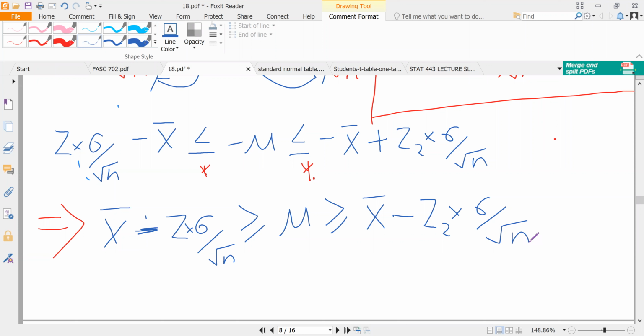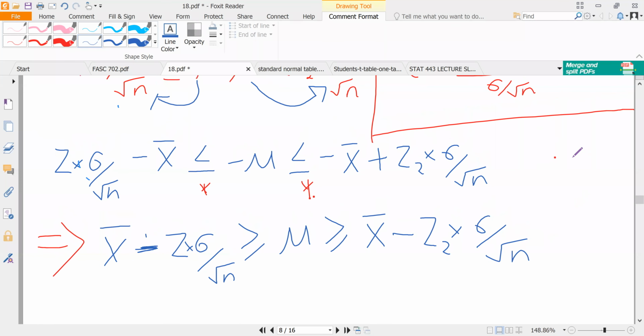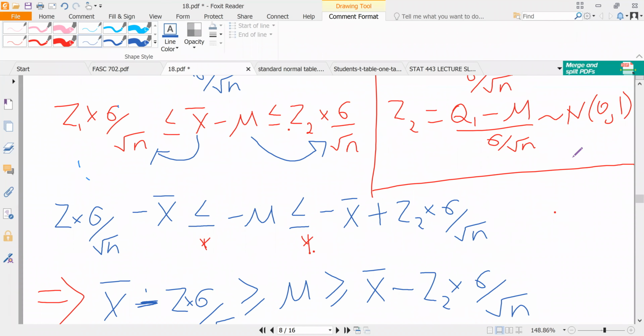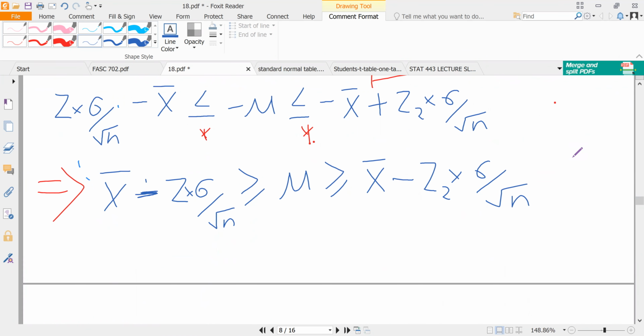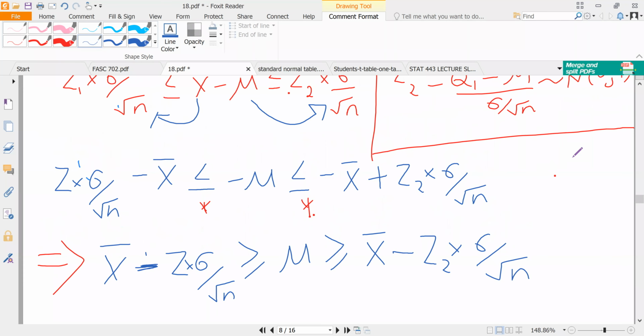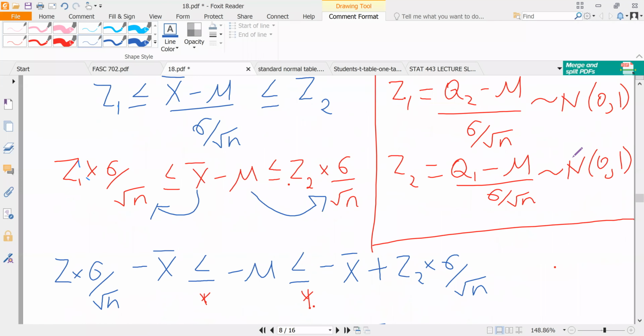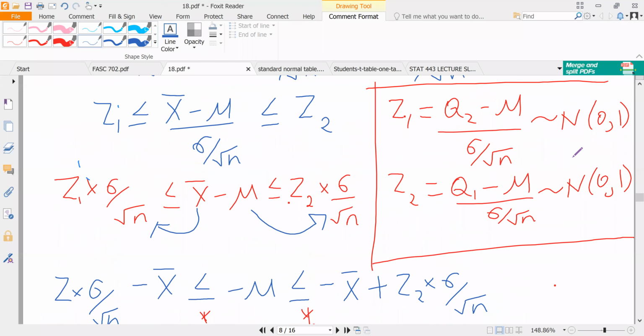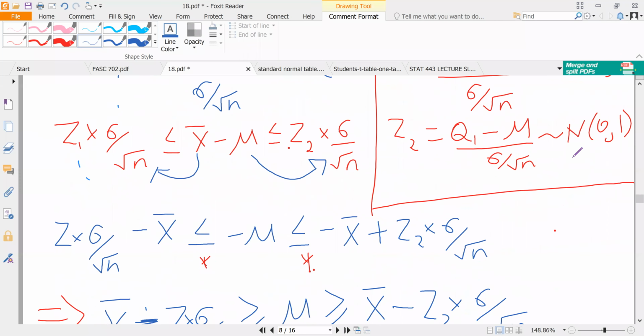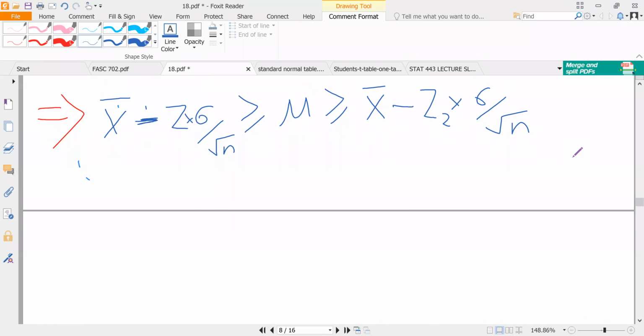Now, in this particular case, because of this illustration, I think there's something I have to state before even coming down here. These Z2s are defined in that. Now, because Z1 and Z2 are standard normal, it means that they are points on this curve.